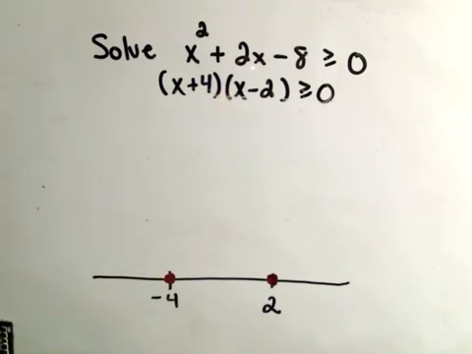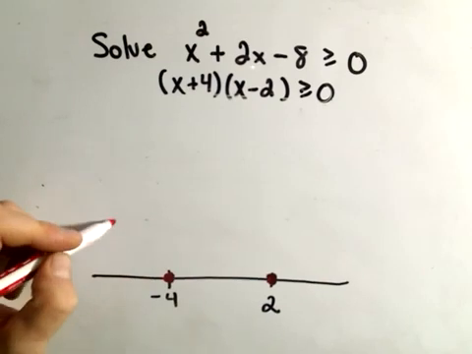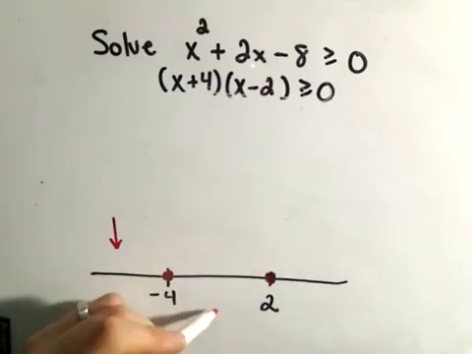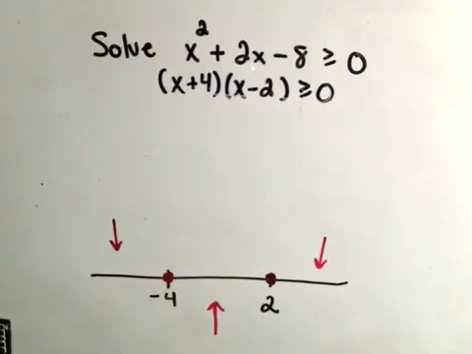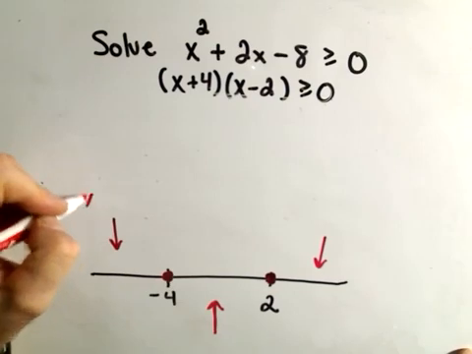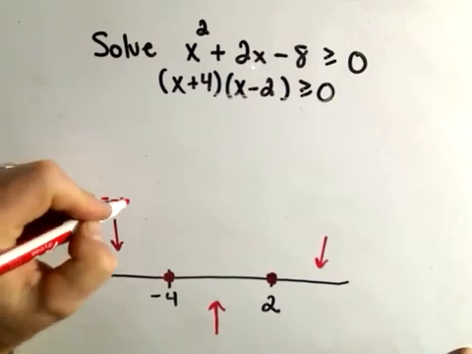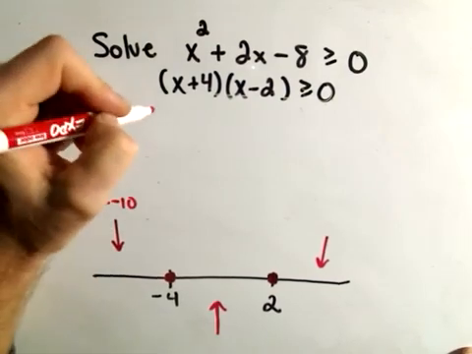Now we simply have to check a number from each interval. We have to check a number smaller than negative 4, in between negative 4 and 2, and then a number bigger than 2. Pick any number that you want. So maybe I'll plug in x equals negative 10, and I'll check that.